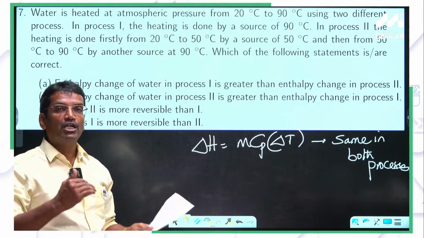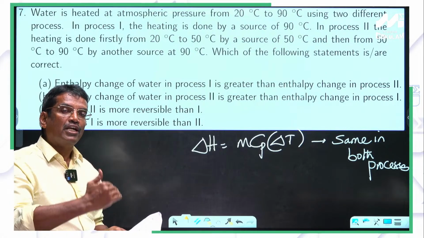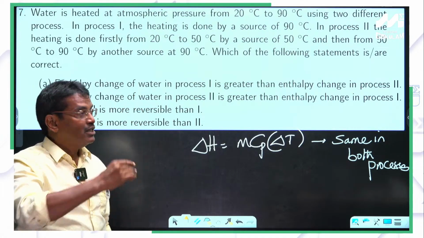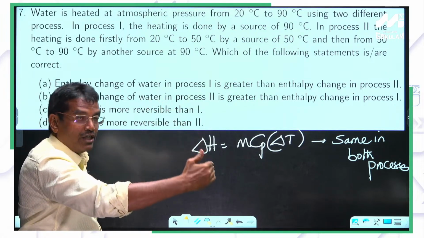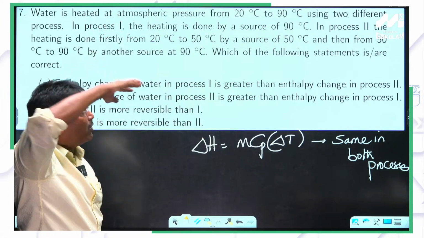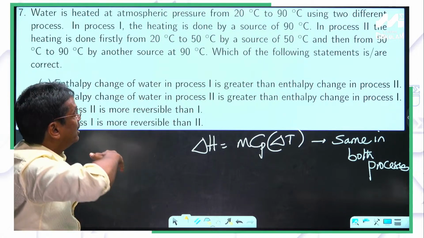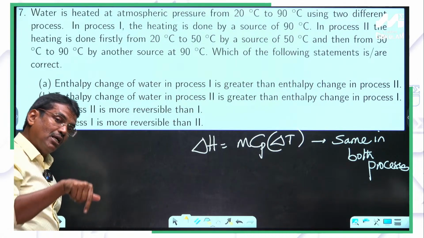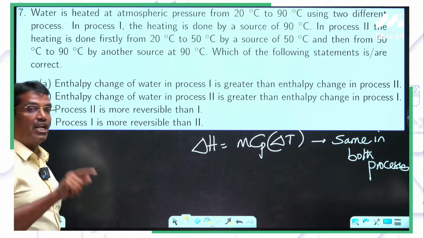Why is the irreversibility lesser? Because you are doing the heating in steps. Supposing the same heating is done in 3 steps, say from 20 to 40, 40 to 60, 60 to 90 from 3 different sources, then the irreversibility will be even lesser.